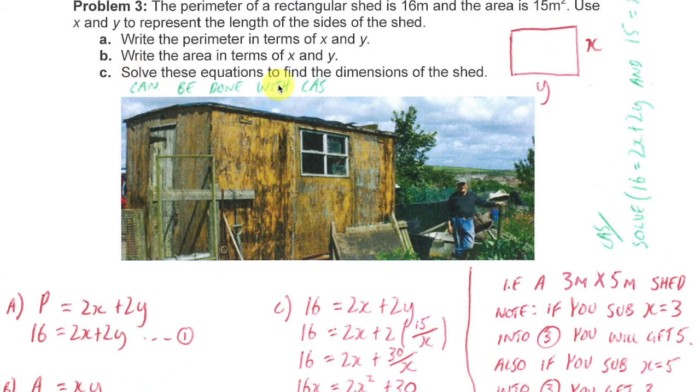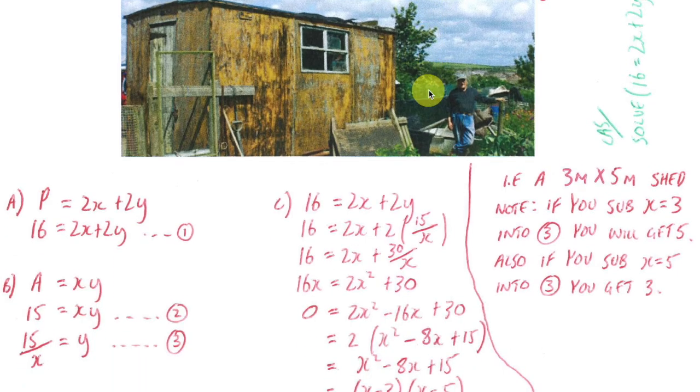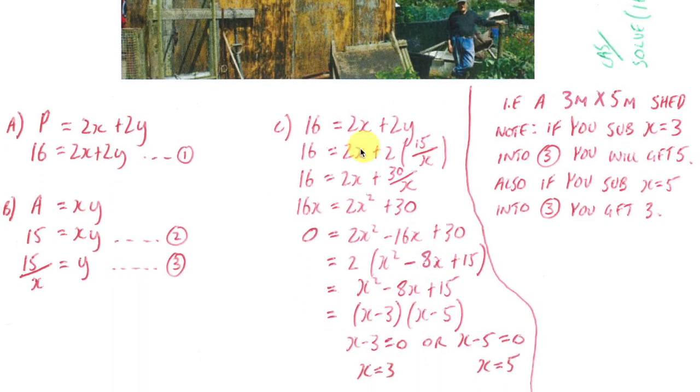C, solve these equations to find the dimensions of the shed. So I'm going to start with the perimeter. So 16 equals 2 lots of x plus 2y. Now instead of writing the perimeter of the shed in terms of y, I'm going to write it in terms of x. What we found out from part B was that y was equal to 15 on x.